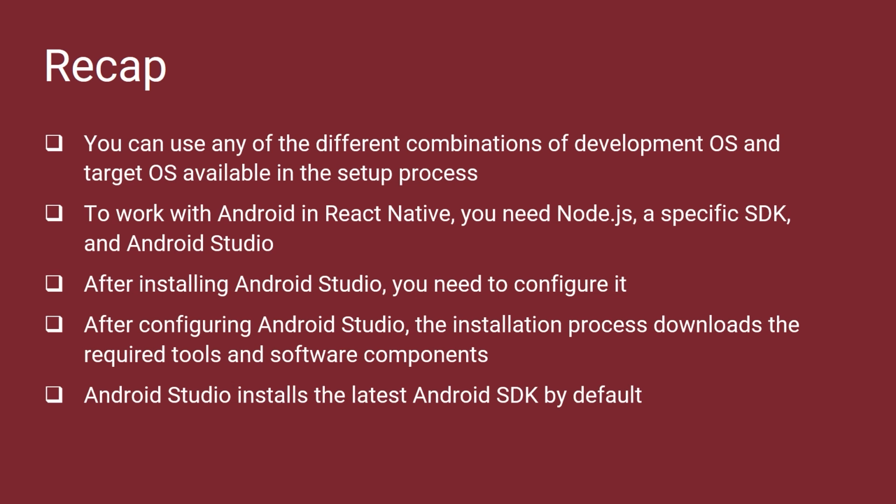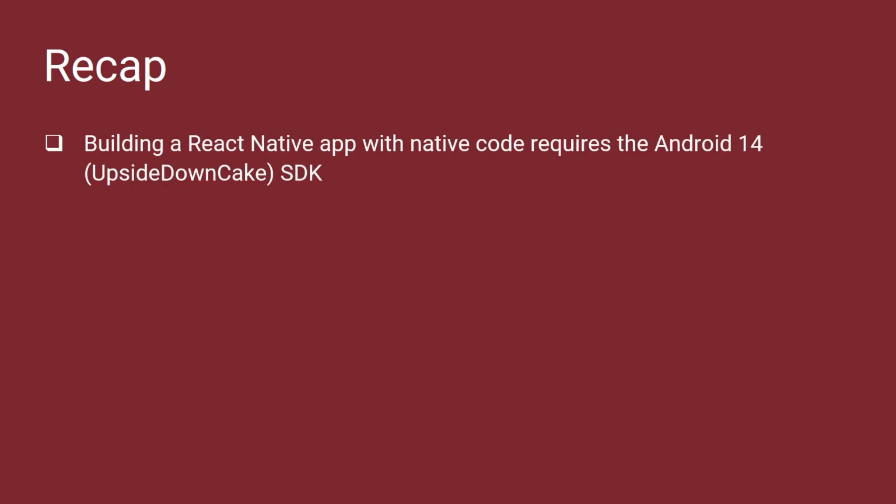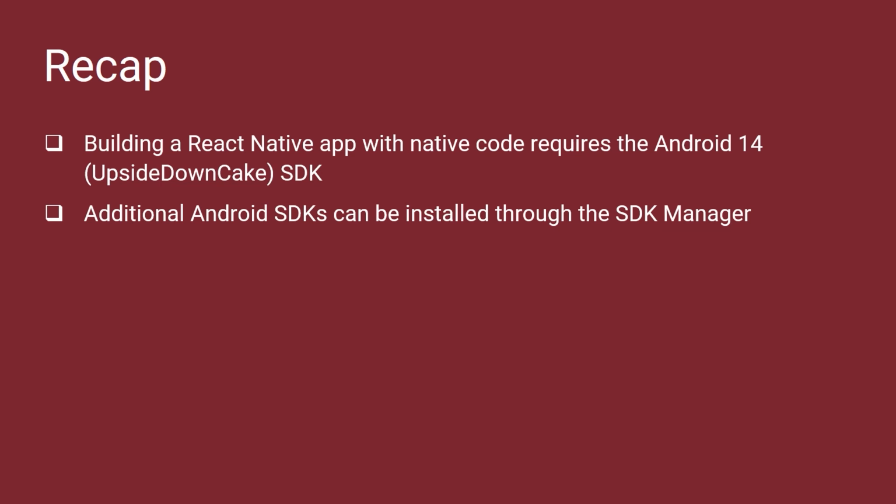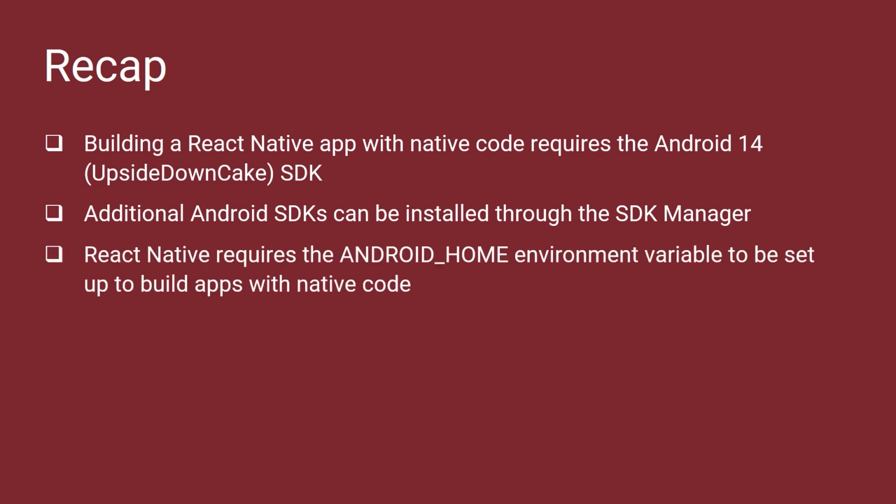Android Studio installs the latest Android SDK by default. Building a React Native app with native code requires the Android 14 Upside Down Cake SDK. Additional Android SDKs can be installed through the SDK Manager, and React Native requires the ANDROID_HOME environment variable to be set up to build apps with native code.